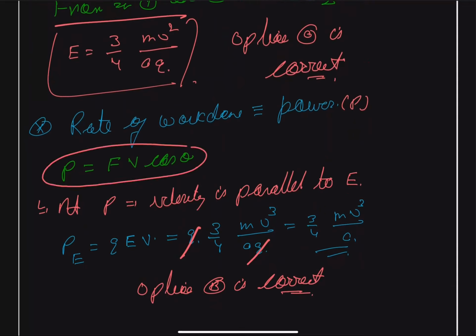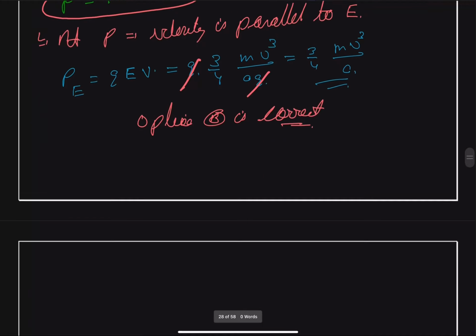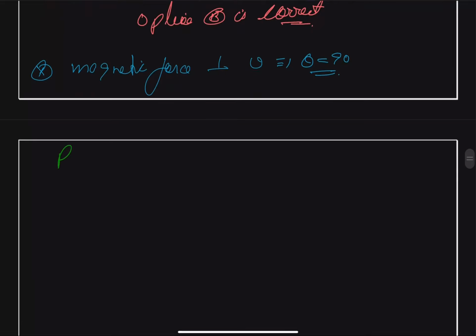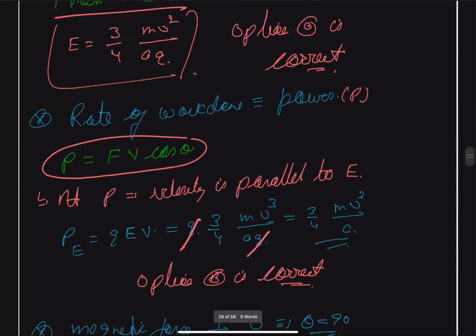And the magnetic force, we know, is always perpendicular to the velocity. Therefore, theta is our 90. If theta is 90, we can write our power due to the magnetic field is equal to 0. So our option C is also correct.